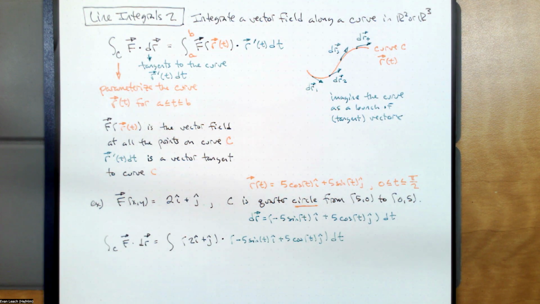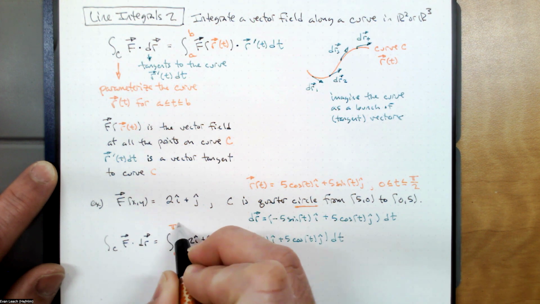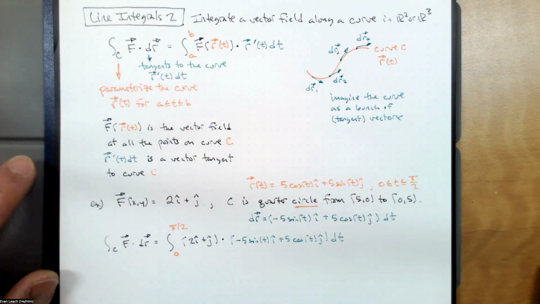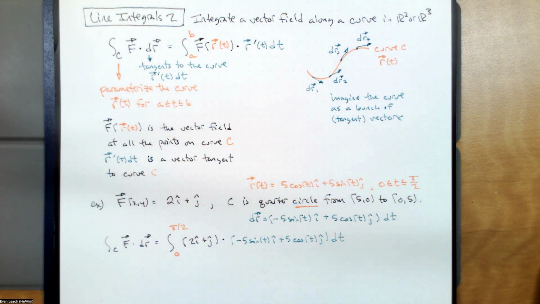The other part of the parameterization is the values over which we are integrating, and that's from 0 to 2 pi. 0 to pi over 2. So one thing to note about this particular example is that the vector field in this case is constant. That's why there's no orange there.